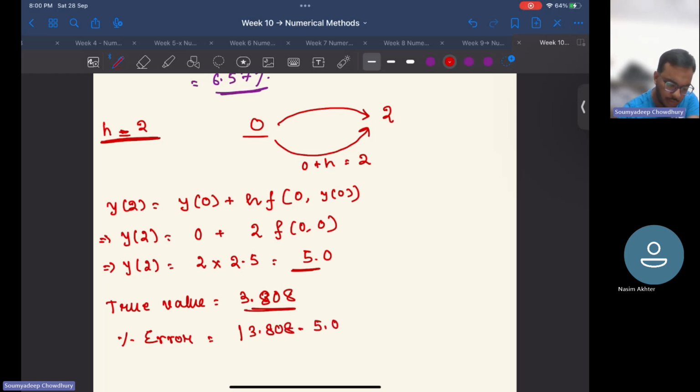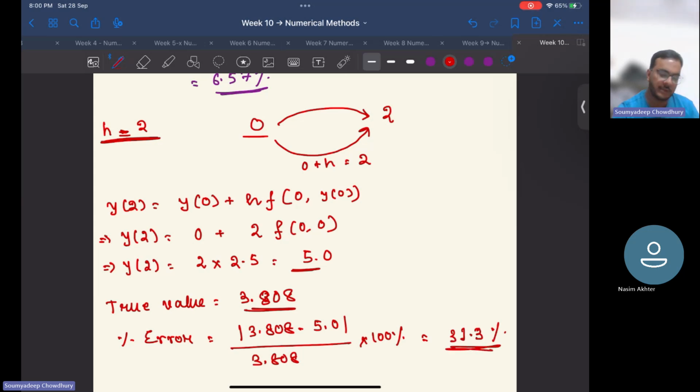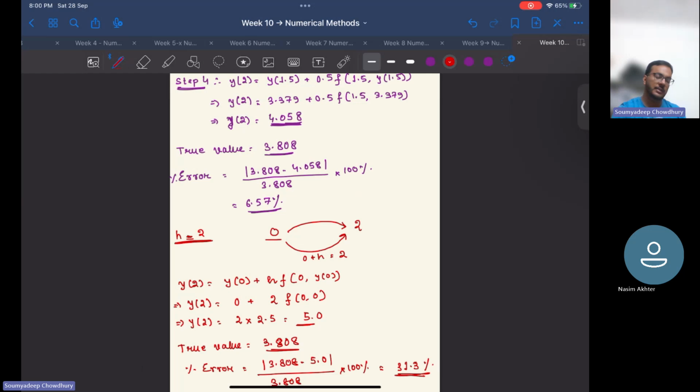Here the error is 31.3%. So you can see, we have increased the step size from 0.5 to 2, that is 4 times, whereas our error has increased by almost 25%, right?